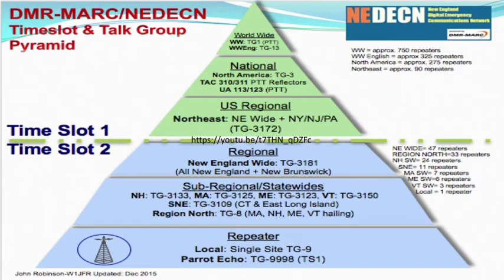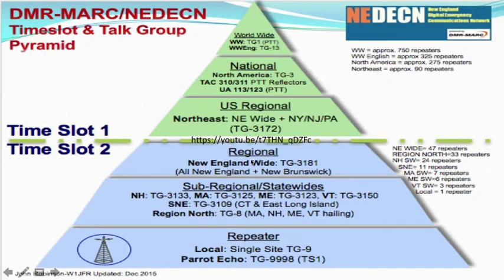And I'm going to key up all of the repeaters. In this case, it says there are 7 repeaters in Massachusetts right now. So when I move up the pyramid, now when I transmit to talk group 3125, I'm keying up 7 repeaters, okay? But maybe next time I want to step up to the region. I need to go out wider.